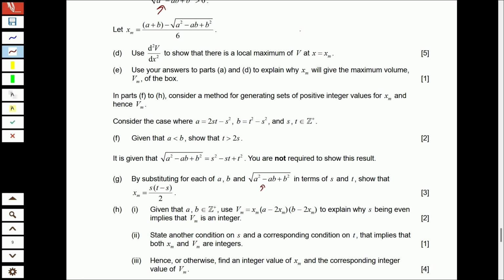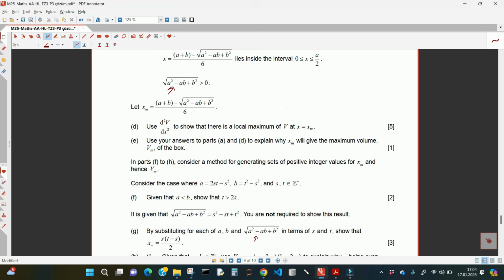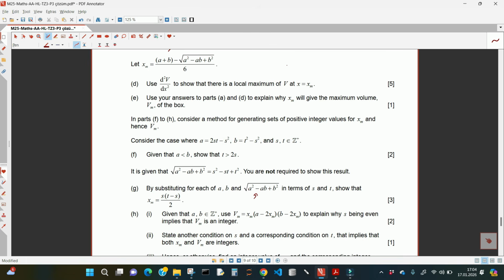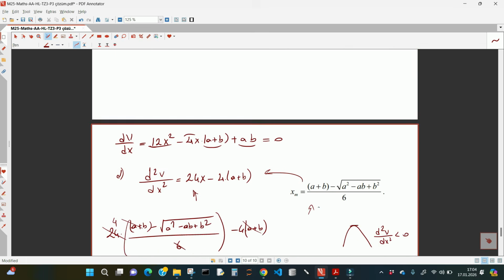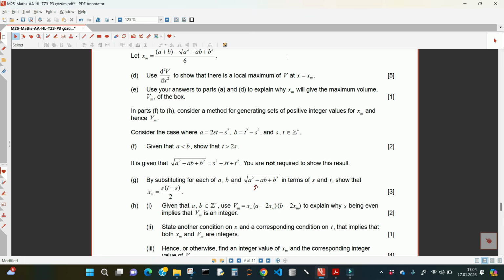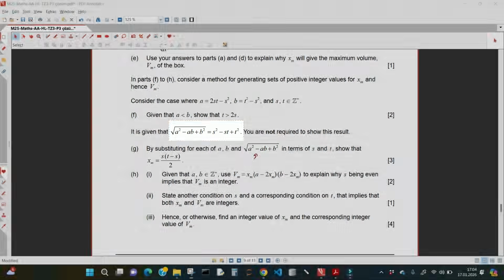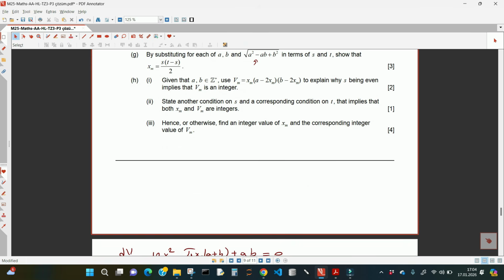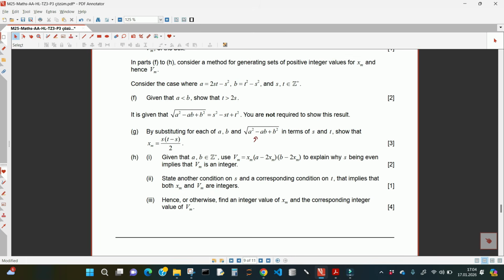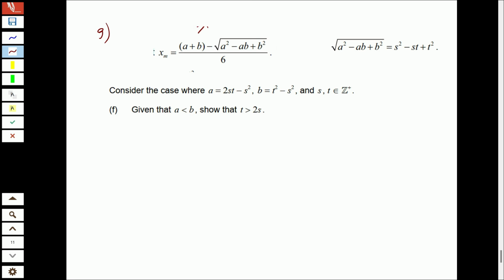You know this, and I will use this expression in the square root. We already know the expressions a and b in terms of s and t. Let's start by substituting a and b first.